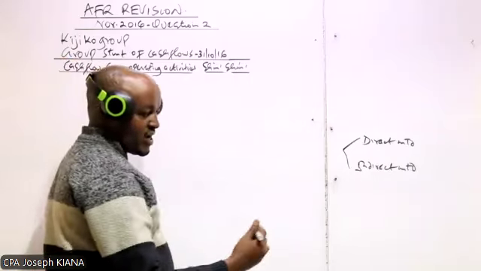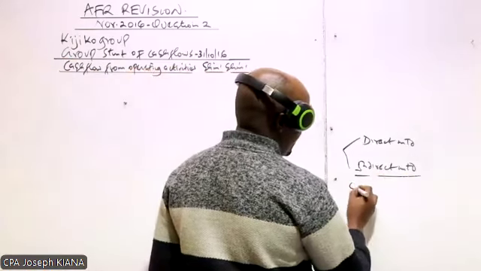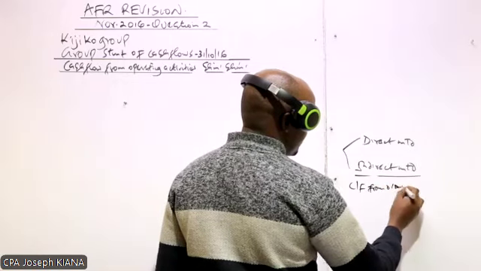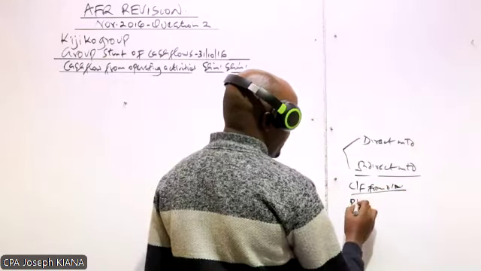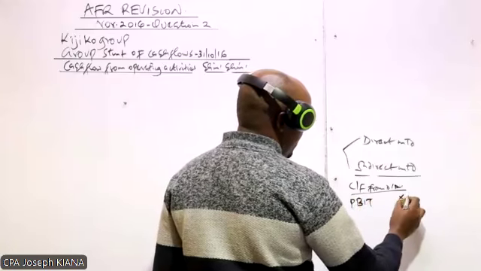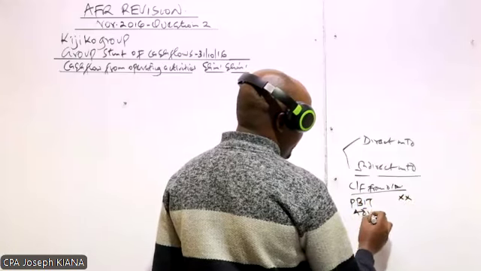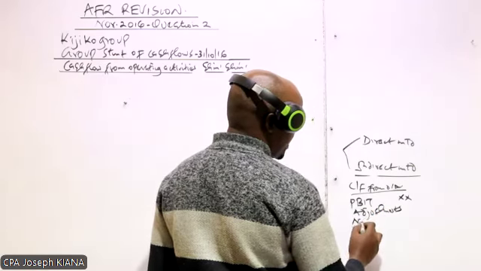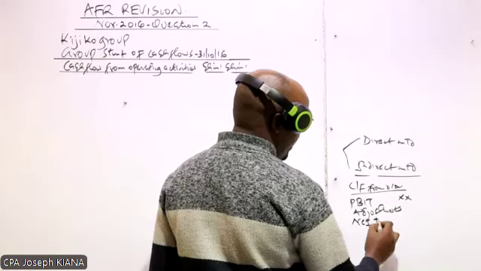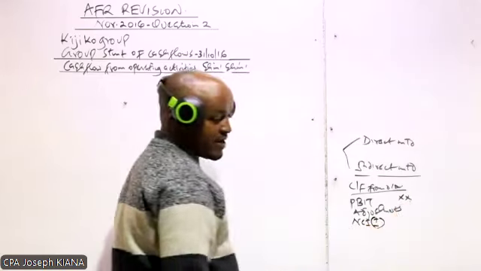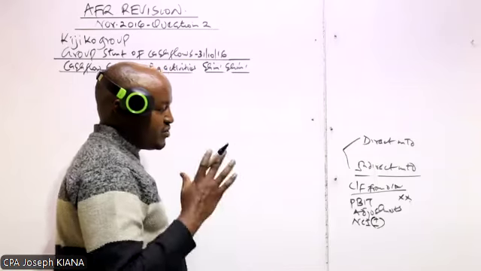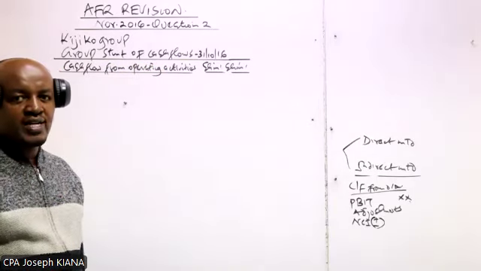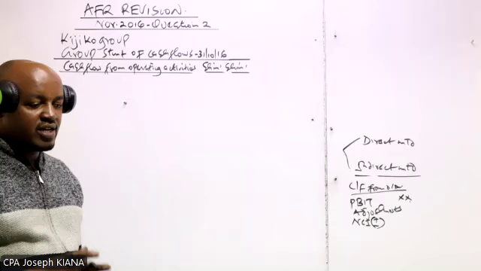If you can recall, under the indirect method, we determine the cash flows from operating activities by adjusting the profit before interest and tax with a number of items. We adjust this profit with the non-cash items which were added or deducted in arriving at this profit, which include depreciation, impairment, amortization, loss or gain on disposal.